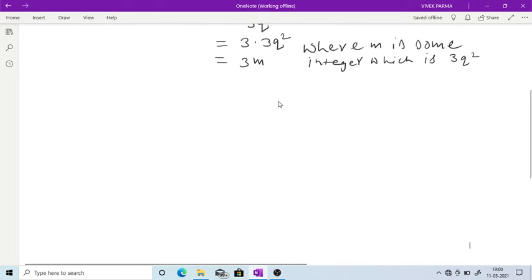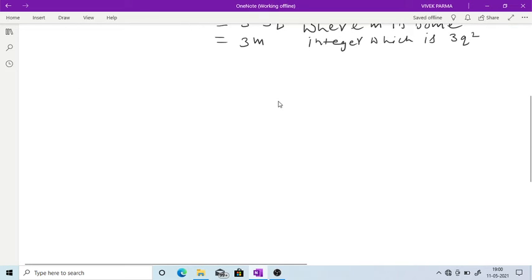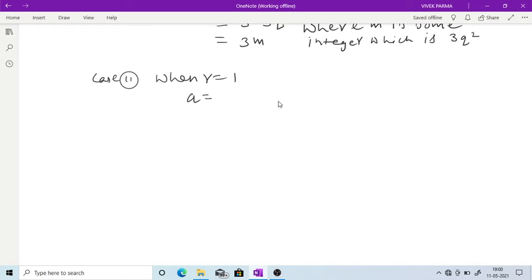Again for case 2, when the remainder equals 1, we have a equals 3q plus 1. Squaring both sides, we have a square equals 3q plus 1 the whole square.